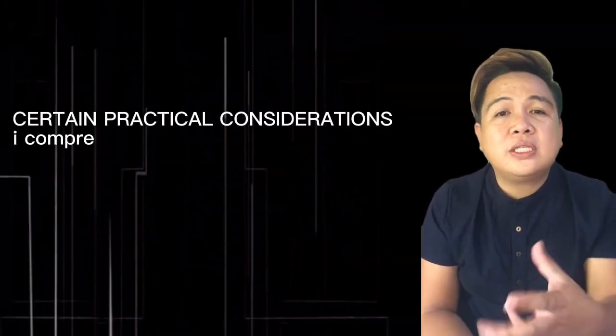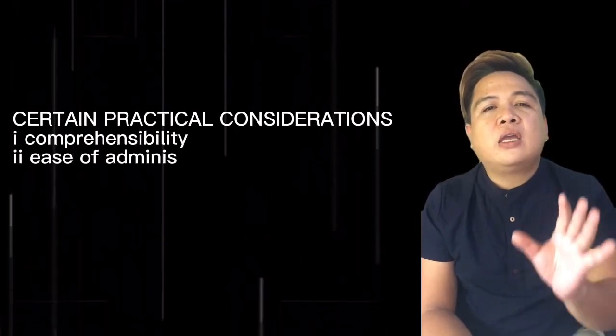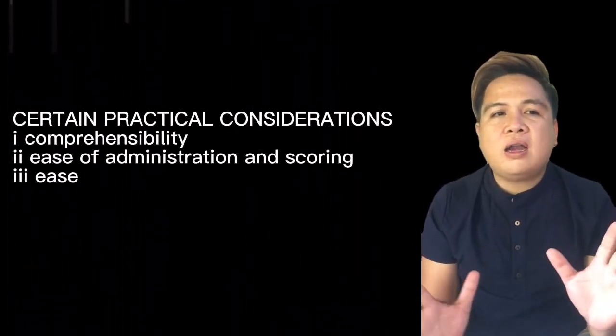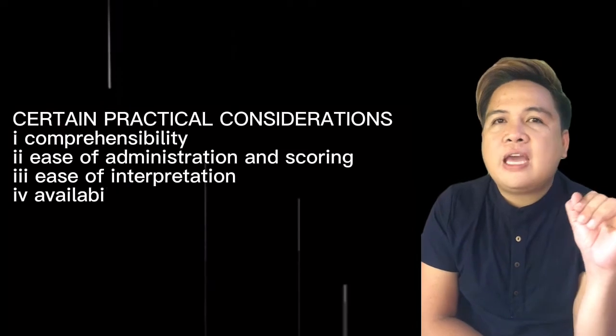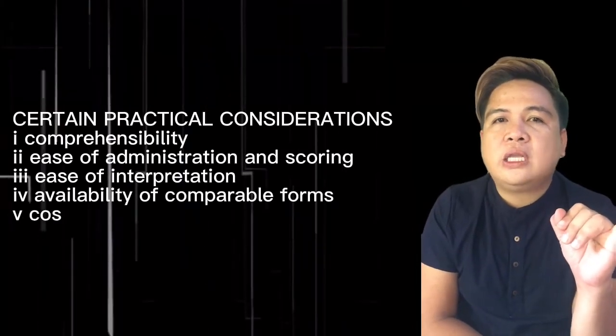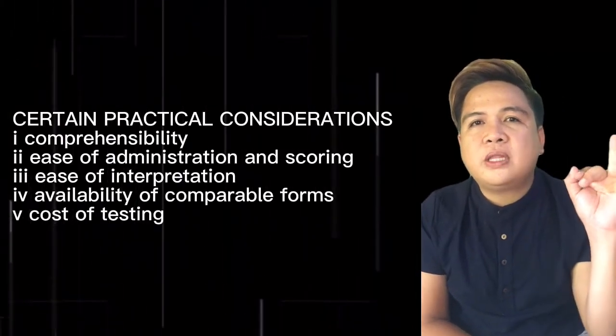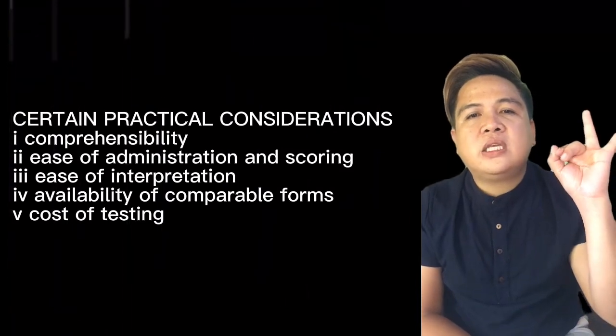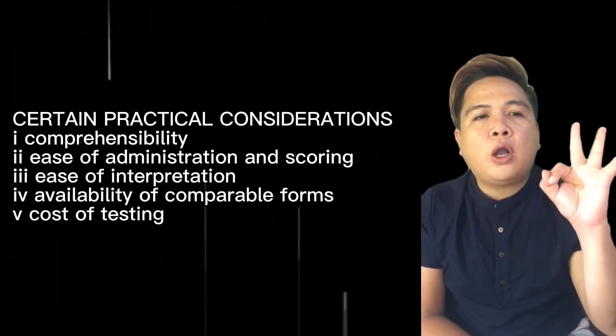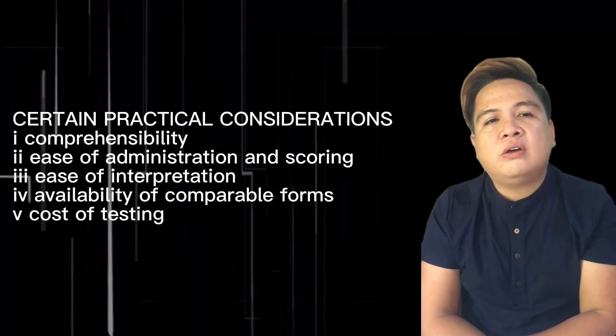Another important characteristic of a tool is usability or practicability. While selecting evaluation tools, one must look for certain practical considerations, like comprehensiveness, ease of administration and scoring, ease of interpretation, availability of comparable forms, and cost of testing.